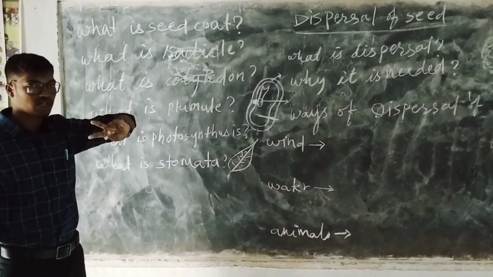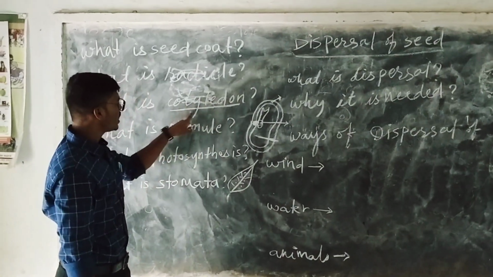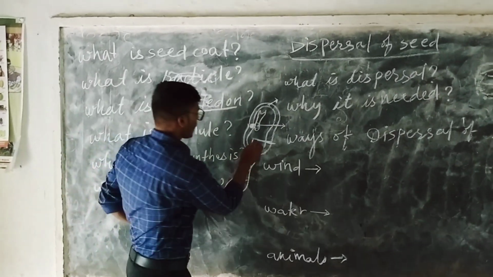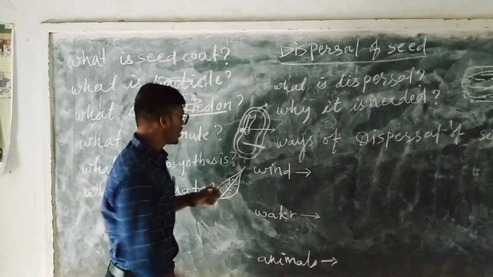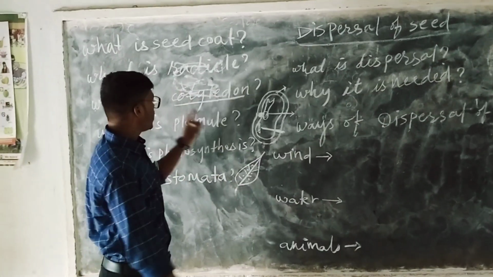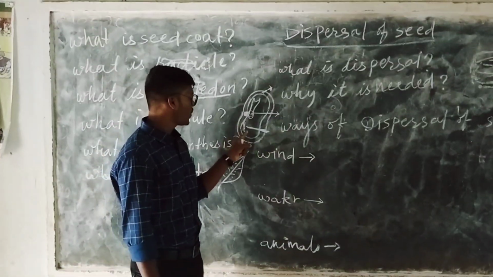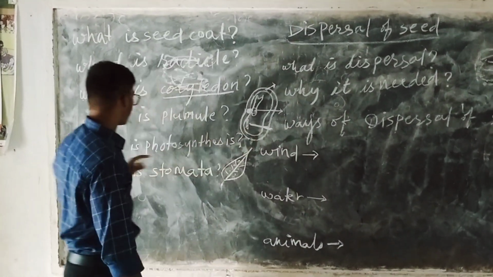There are two types of cotyledon, as I told before. And what is cotyledon? The cotyledon always helps the baby plant with food, and this cotyledon stores the food for the baby plant in this seed.